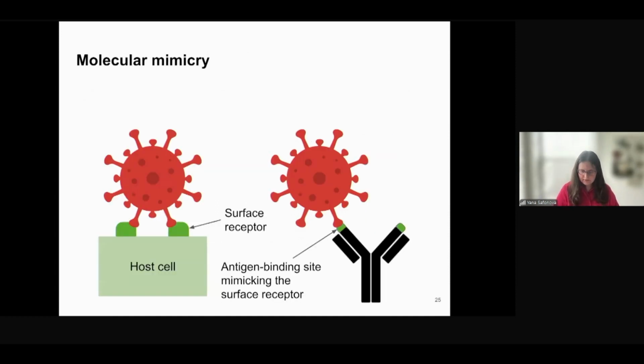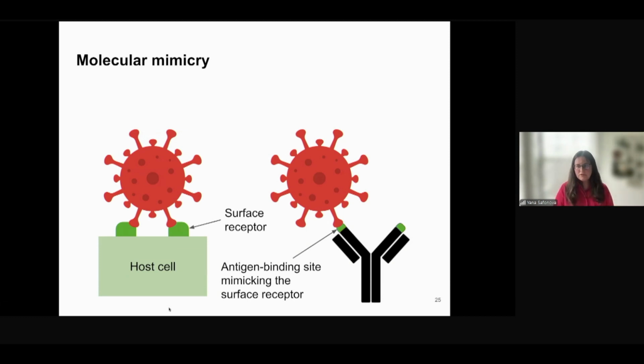And another example of comparative studies is related to mechanisms commonly known as molecular mimicry. It's not specific to antibodies, but in antibody it can be explained as mimicry that makes antibody look like surface receptor in host cells, and using this trick, antibody can easily bind with a pathogen that in normal circumstances would bind with the host cell through the surface receptor.